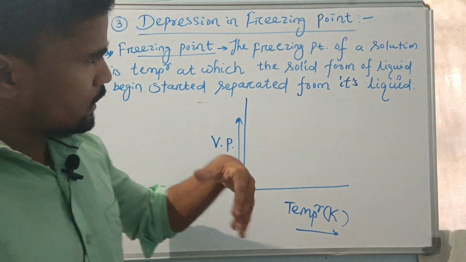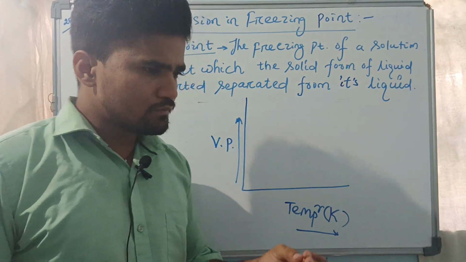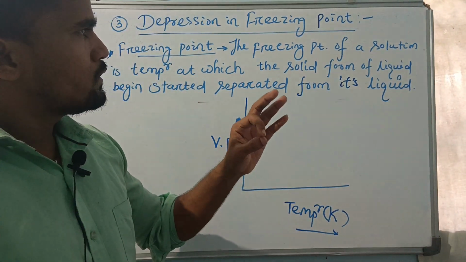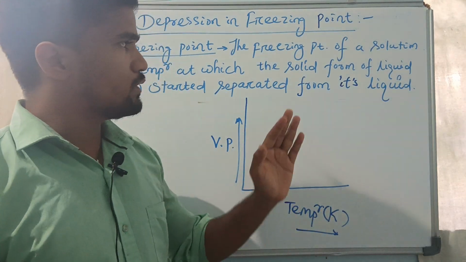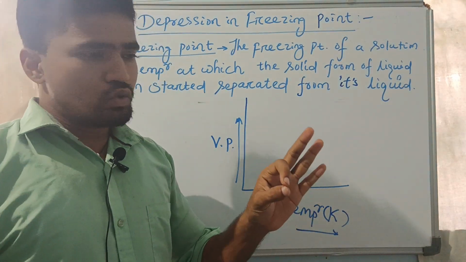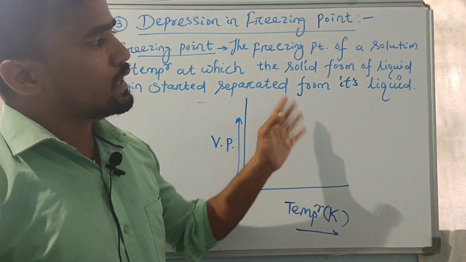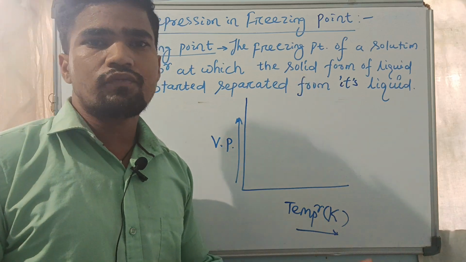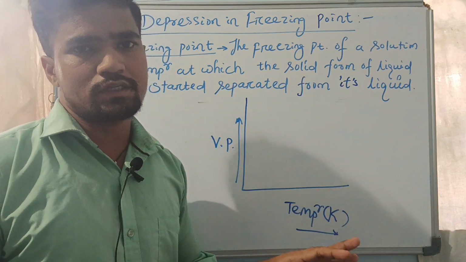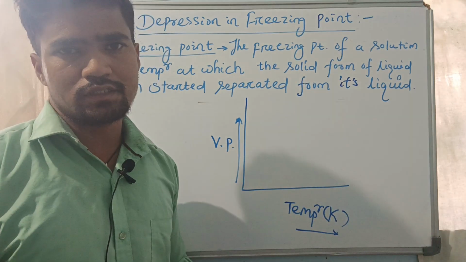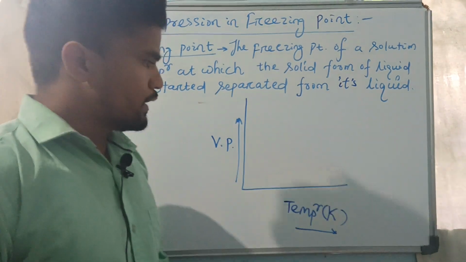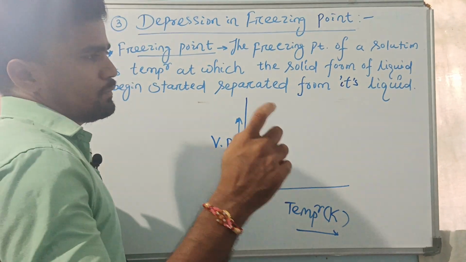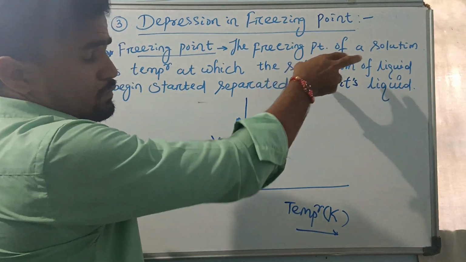In other words, a particular solution freezes when the vapor pressure of the solution is equal to the vapor pressure of its solid pure solvent, compared to the pure solvent, at low temperature. That is why the freezing point of the solution decreases.